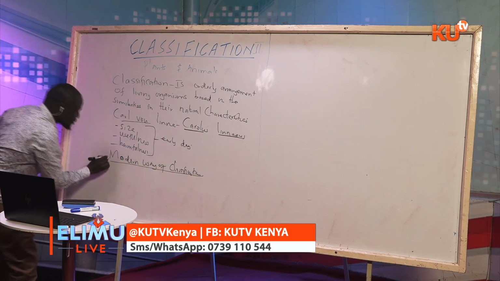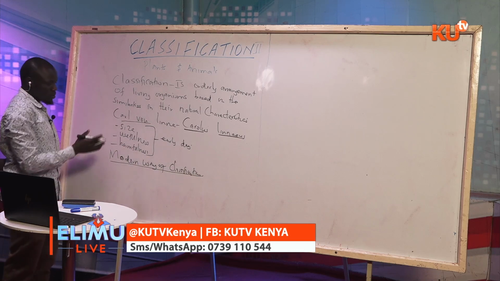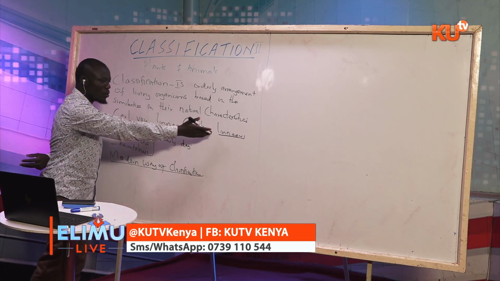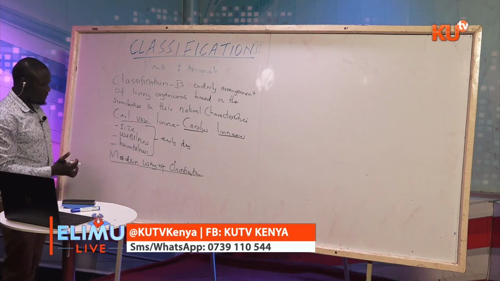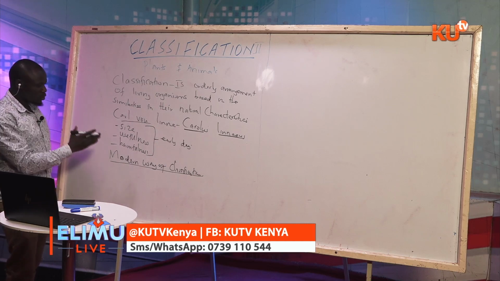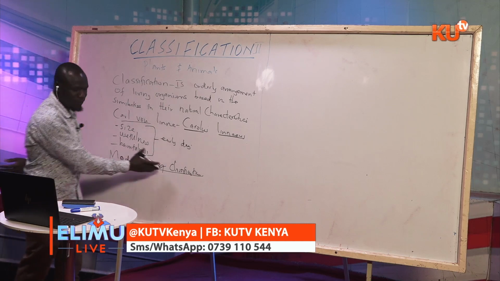On this modern way of classification that was devised by the scientist Carolus Linnaeus, this person was looking at so many things, and his observations were based on the features of living organisms.